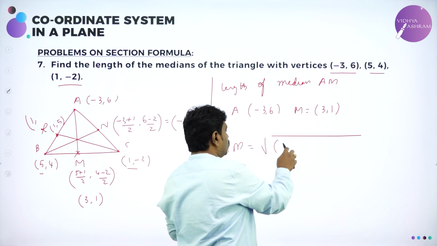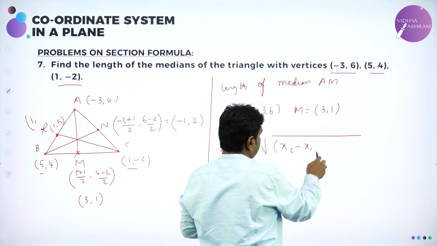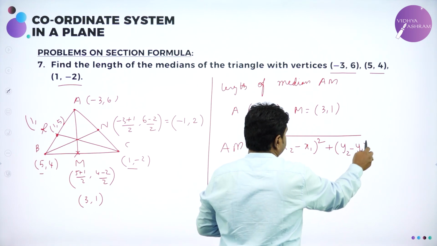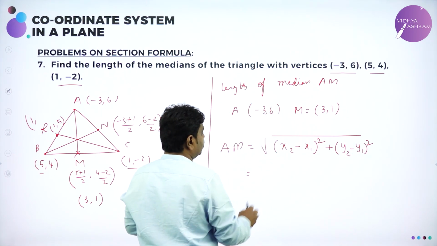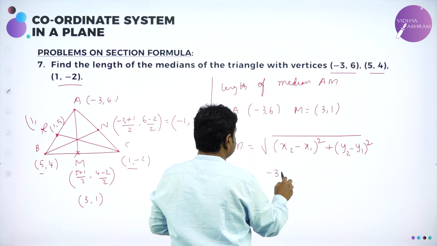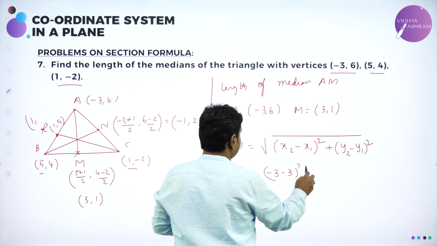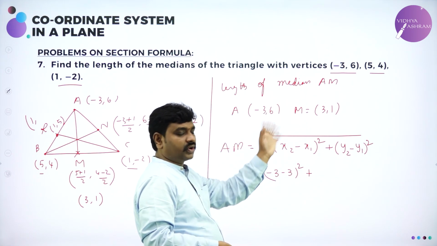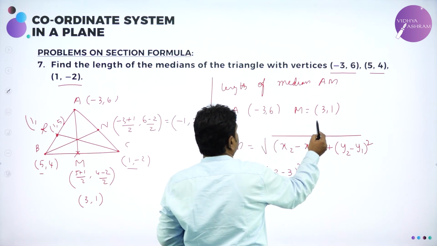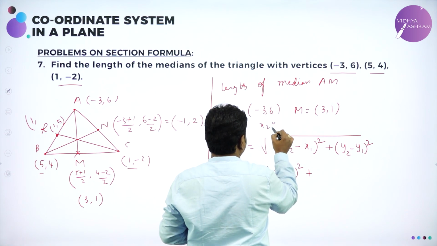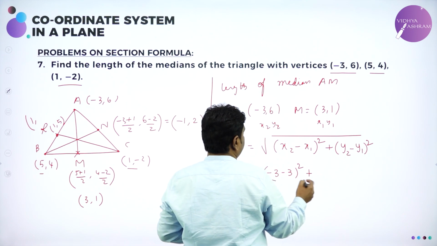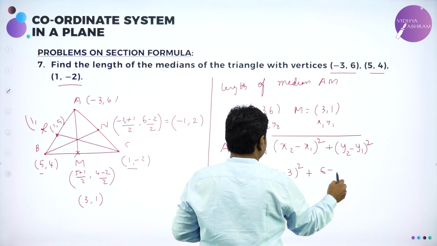So that is root of x2 minus x1 the whole square plus y2 minus y1 the whole square. Now that is x2 minus x1, minus 3 the whole square, plus y2 minus y1. I can call any vertex as x1 y1 and the other as x2 y2, any pair, so 6 minus 1 the whole square.